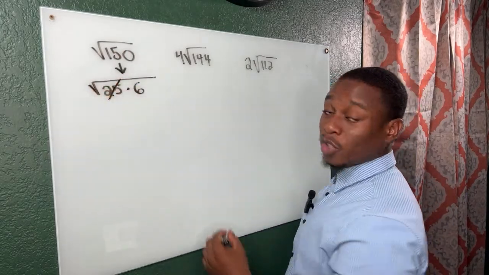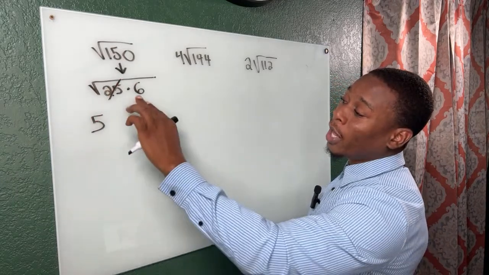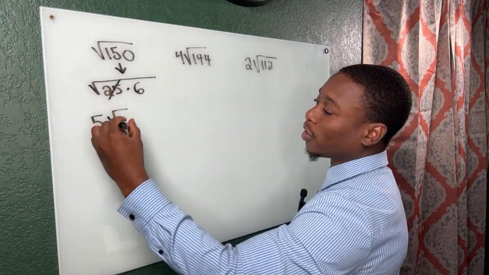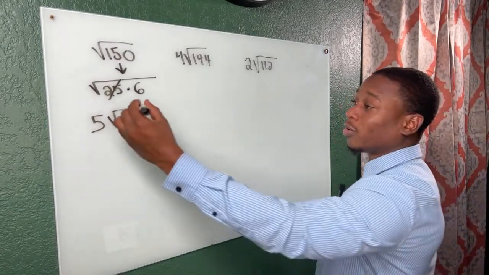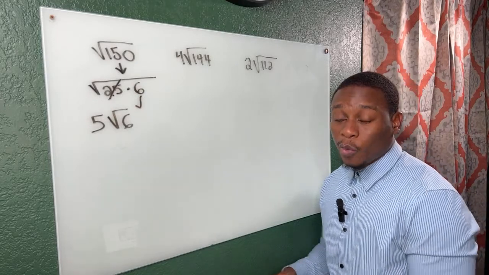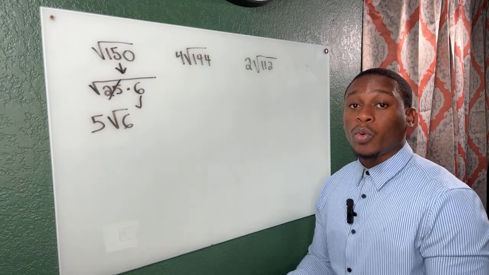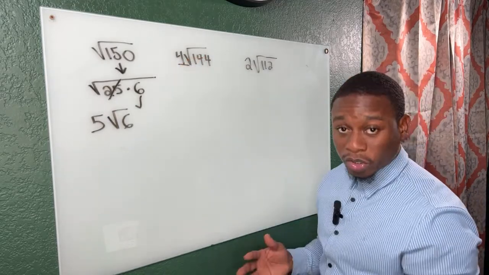This is the only perfect square. Its square root is 5. It's on the outside of the radical. And because we can't break this down, it stays the same. So 5 radical 6, that's our final answer. Now, in other instances, when we have a perfect square and we simplify, we just take the square root out. And if there's a number on the outside, we multiply.